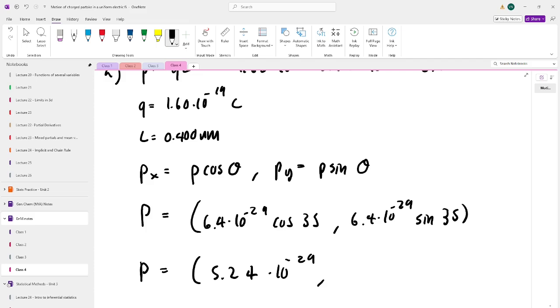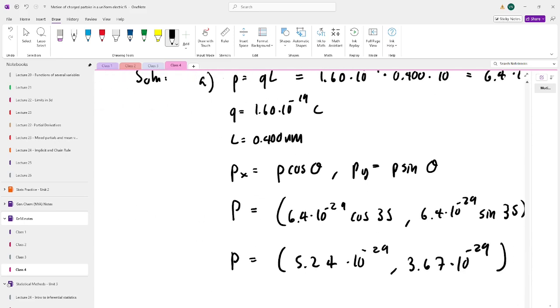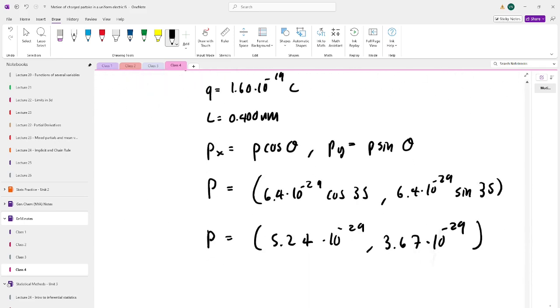And then for the y component, let's see what I get. 3.67 times 10 to the minus 29. So that is our dipole vector. All right, so not too bad for A.